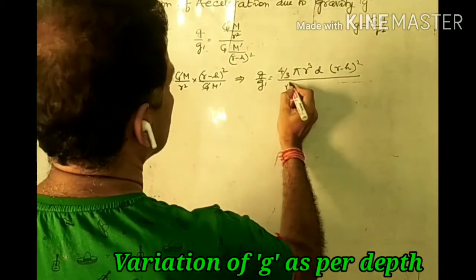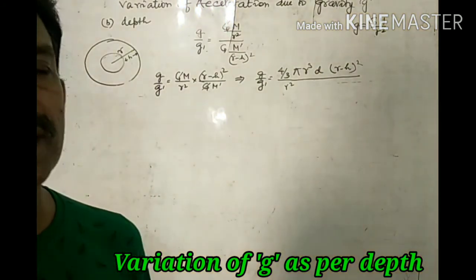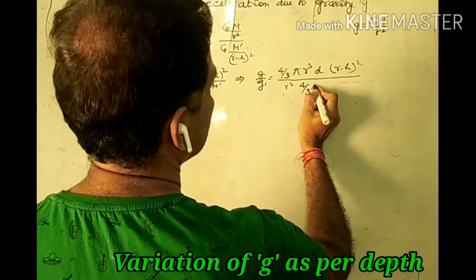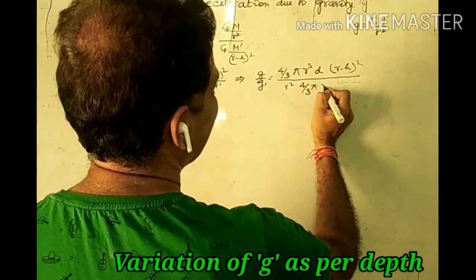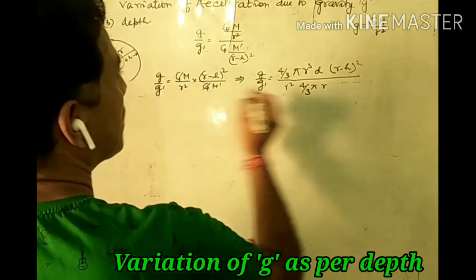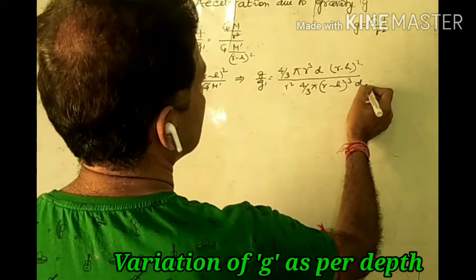Likewise R square here, and M dash means V dash into d. V dash will be what? Volume of a sphere is given by 4 by 3 pi R cube. R cube means R is here (R minus h) cube into d.